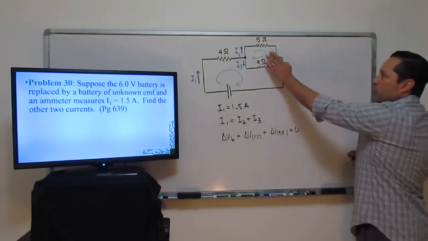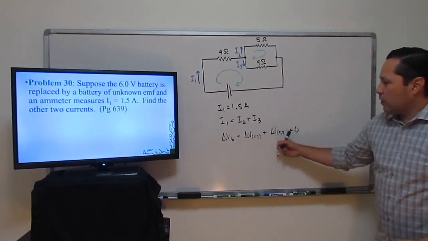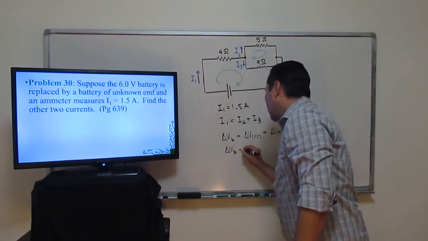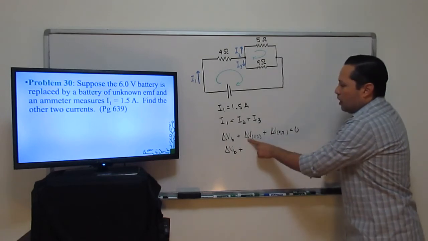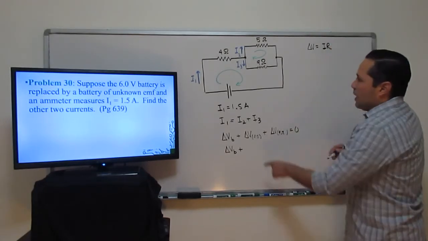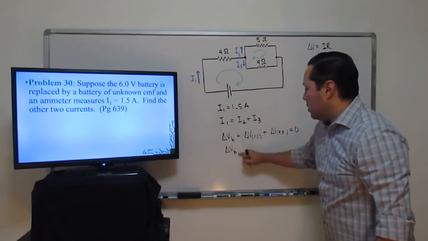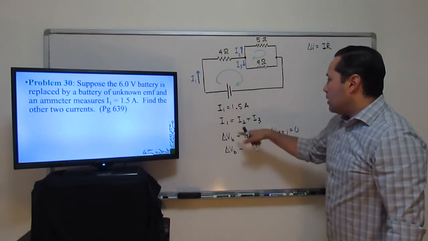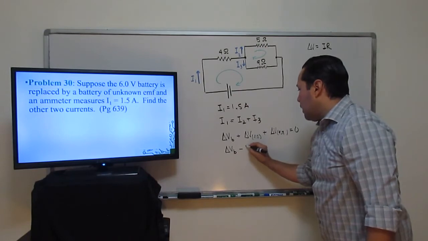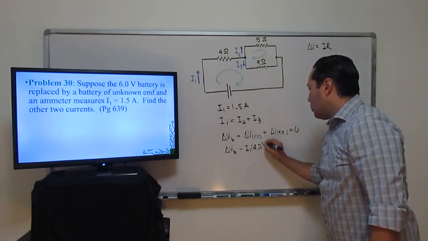Next, we're going to do the same for this loop right here. But before we do that, let's flesh this one out a little bit. We don't know what this is, so we're just going to leave it as so. But we do know that the potential difference is equal to I times R. And this resistance is going against the flow of our arrow, so we're going to put negative I. For the first one, it's going to be I1 times the 4 ohms.